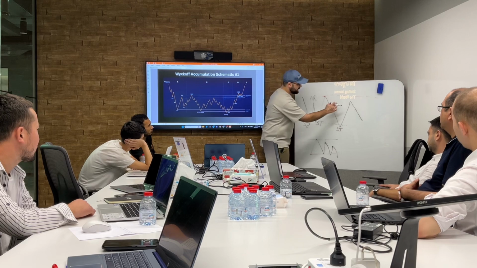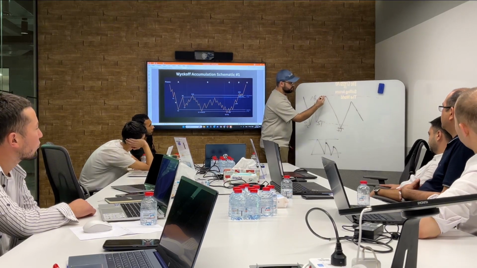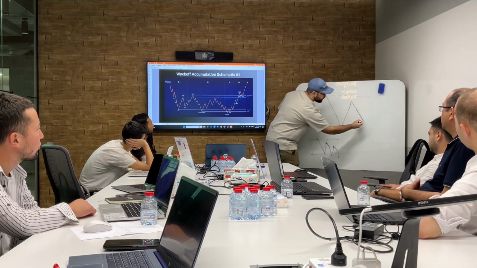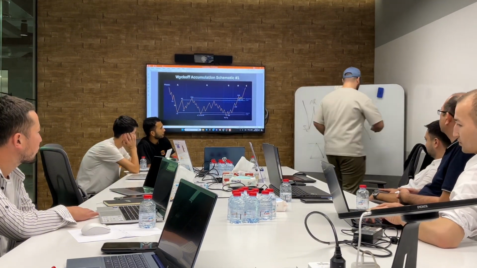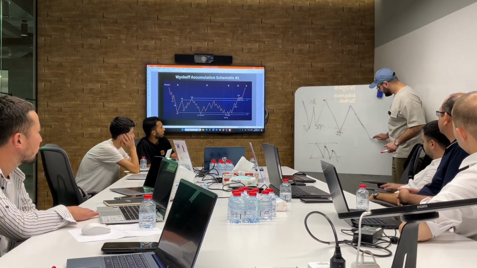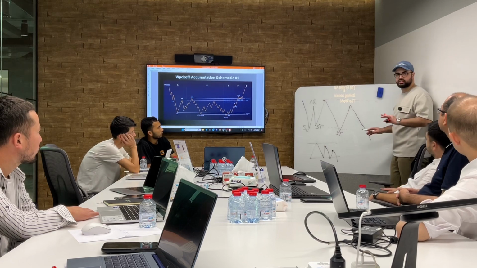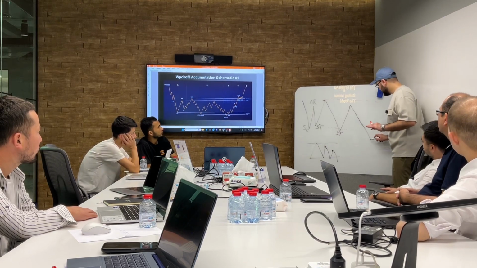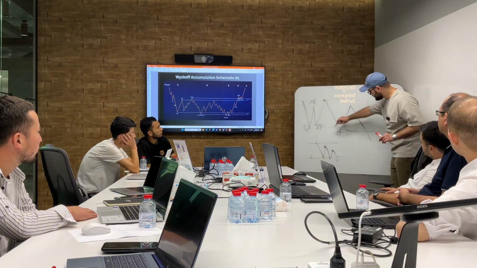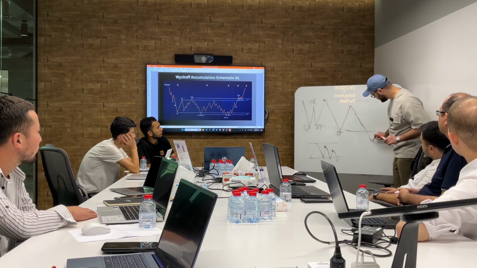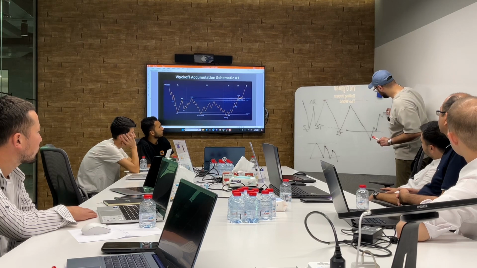So same thing. If we don't break this one, we will even go lower to this spring phase. So after we have our spring here, usually this also will be like fear and depression in the market, okay? Then what we do, we start to break this resistance because this was support, became resistance here, okay? We break this resistance, it becomes support, and we continue up.